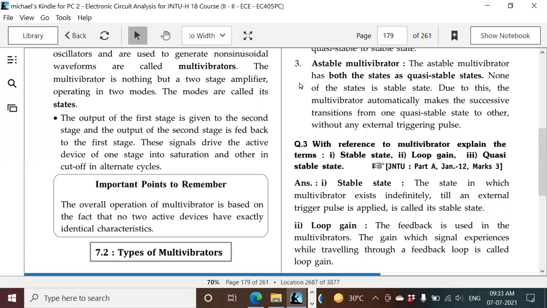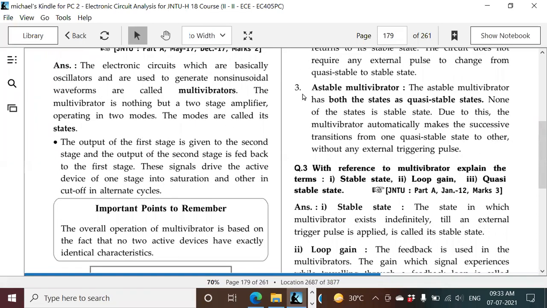No two persons are the same, no two trees are exactly the same; they differ in size and shape. Likewise, when transistors are manufactured, even if you take the best care, there will still be differences in the characteristics if you compare any two transistors. We will use that as an advantage in our multivibrators.